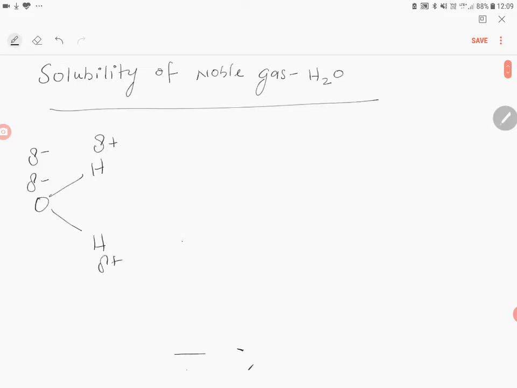It's a dipole. If you take a noble gas where the atom is having an instantaneous dipole, so when water molecules approach this noble gas, a slight negative charge is developed here and a partial positive charge developed here.